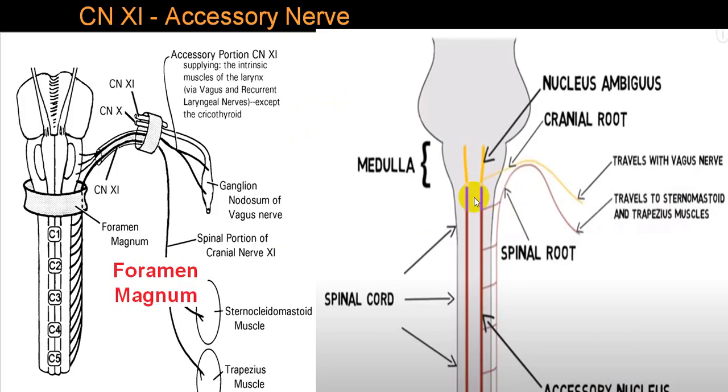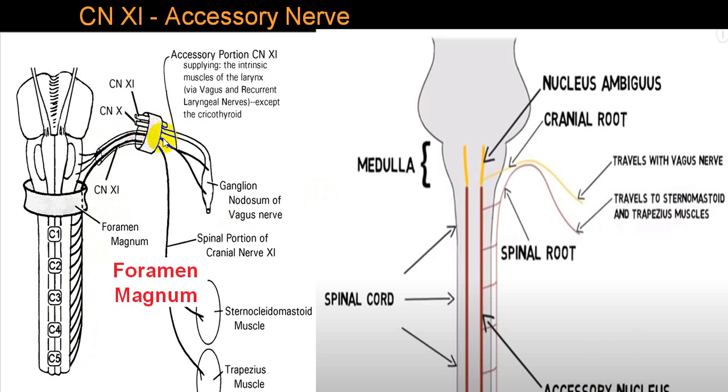So we have got two things in medulla. We have got a nucleus ambiguus, and in the spinal cord we have got a spinal root for accessory nucleus. This is called accessory nucleus, and this is right from C1 to C5, and it will ascend up. All these roots will combine together and ascend through foramen magnum, and after ascending it will combine with cranial root and become a combined nerve.